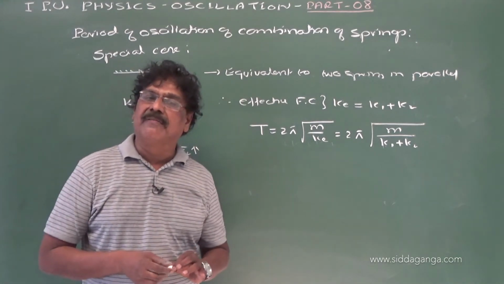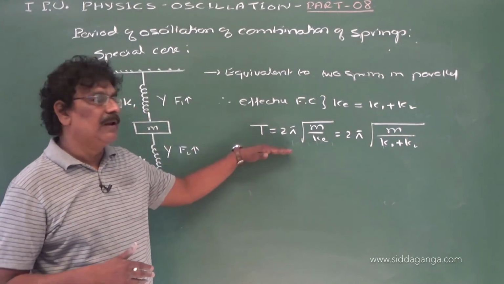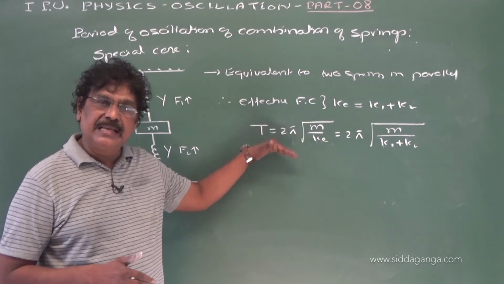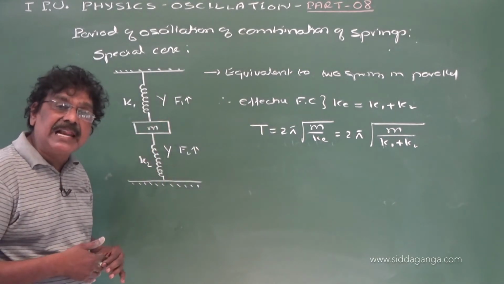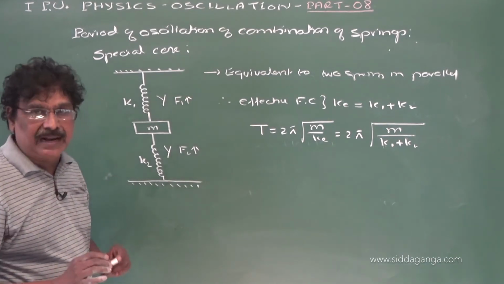Compared with the period of individual springs, right? The effective value of force constant increases and the period is less. So this arrangement is equivalent to two springs connected in parallel.